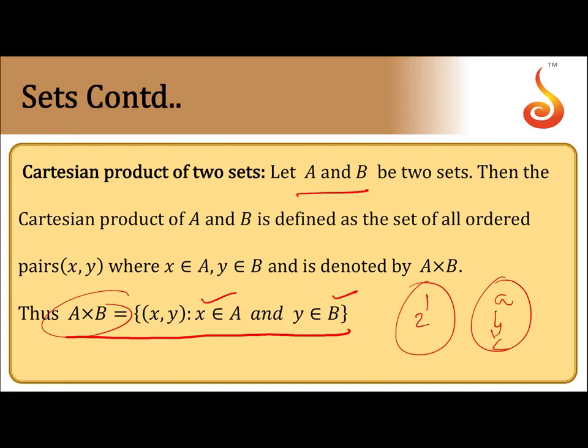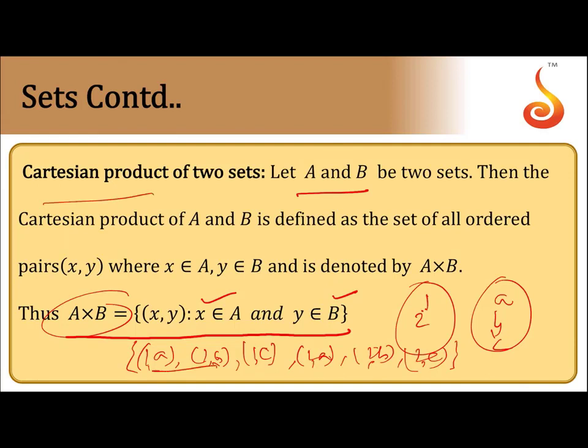Suppose you have {1, 2} and {A, B, C}. The possible ordered pairs are 1A, 1B, 1C, and at the same time 2A, 2B, 2C.